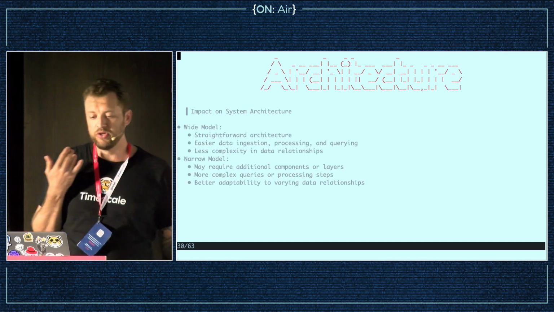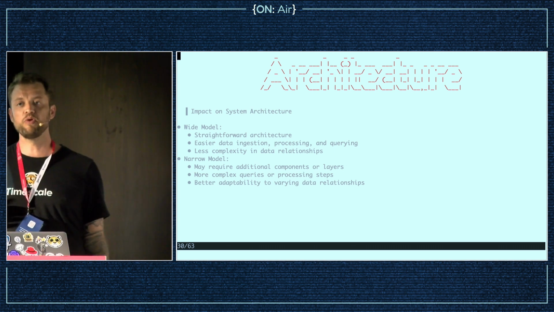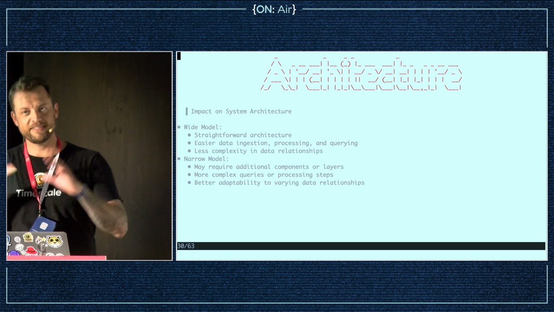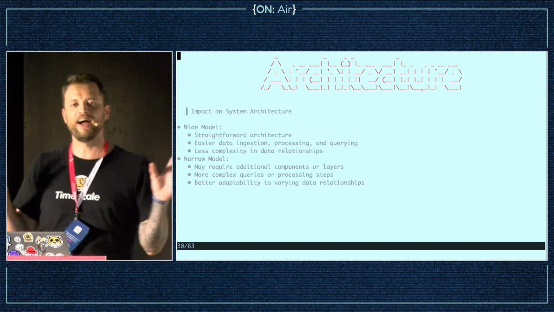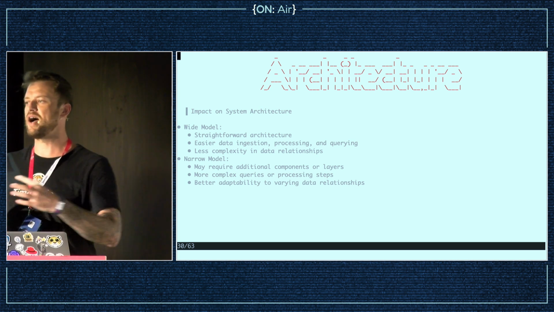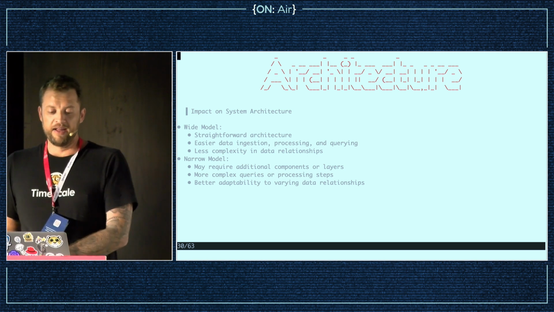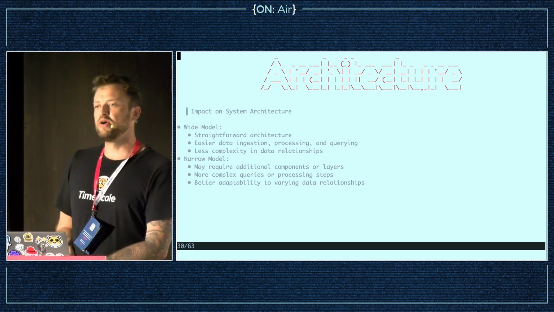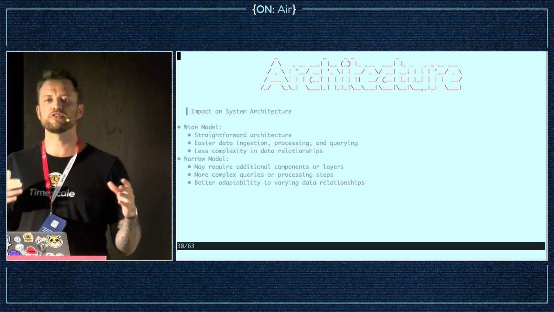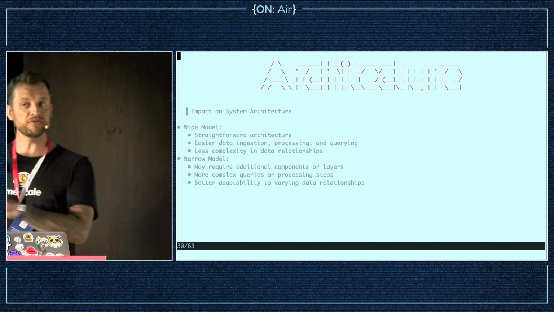But you have an impact on the system architecture that will be your long-term issues and headaches, or blessings, where you feel like, oh, I'm feeling good because I chose that model. Now it's more flexible or less flexible. In the narrow model, you probably need to design extra components and layers just to start building. Maybe these layers will be views in the database.